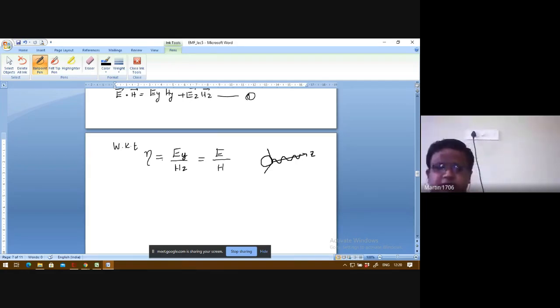It is an in-phase component, so it is a positive term. If I put the Z term in the numerator, then it is reversed, so you give Ez divided by Hy.